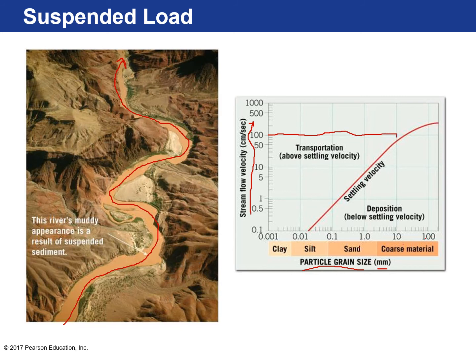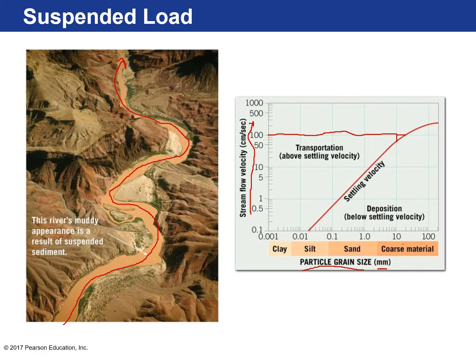That's going to keep all of these particles basically from here on down in suspension, because it intersects the settling velocity right here. So if we draw that down, all the particles over here will be in suspension. Anything about 15 millimeters in diameter will be in suspension if you have water moving at 100 centimeters per second.